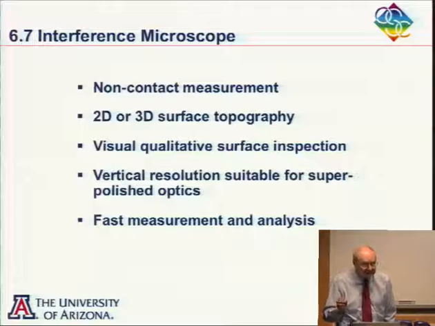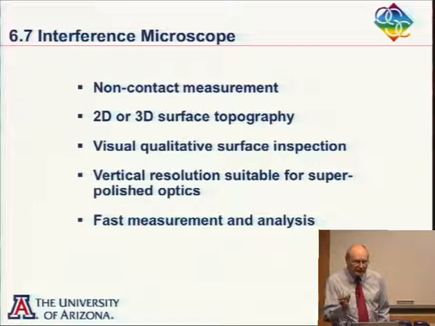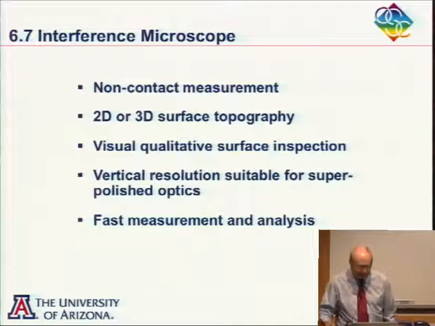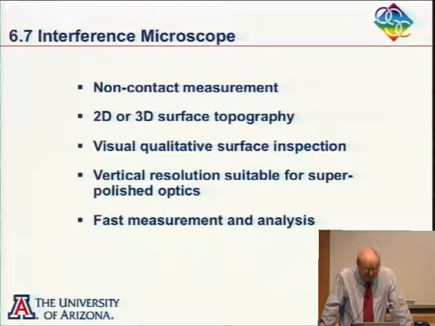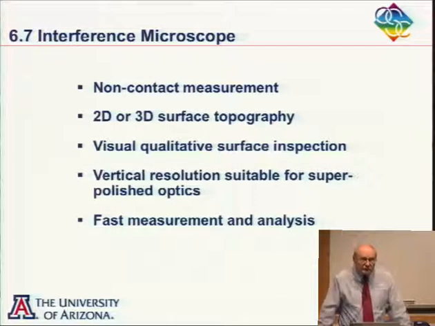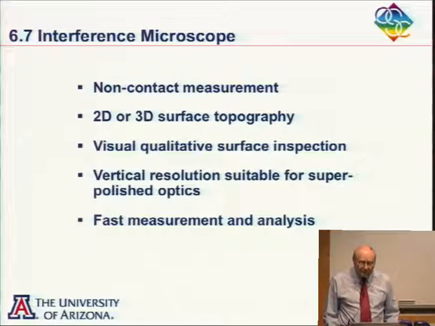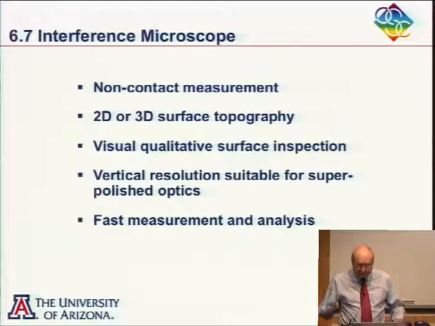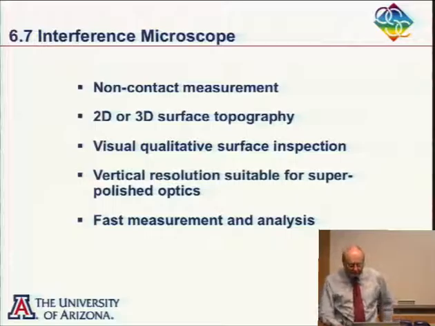Lateral dimensions are, well, smallest you're going to get is something on the order of the wavelength of light. But the height is going to be in the angstrom or smaller. And it's going to be very fast. And it's going to use phase shifting. It's going to get data into the computer fast, and then there's all types of analyses that we can do.